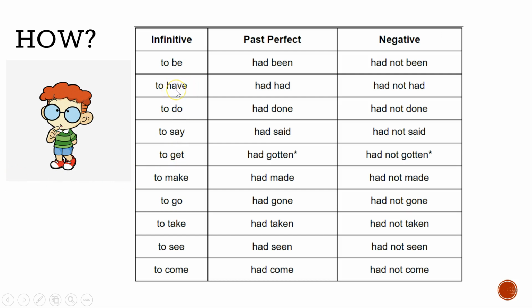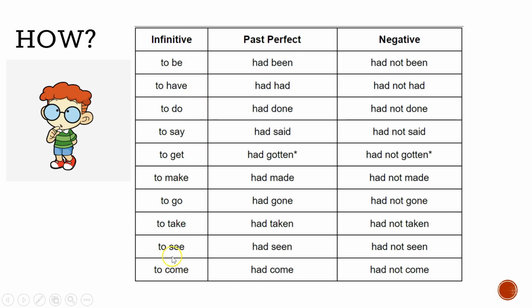Like I have mentioned, if to have is the main verb, then you would have had as the past perfect tense, because had is the past perfect of to have.